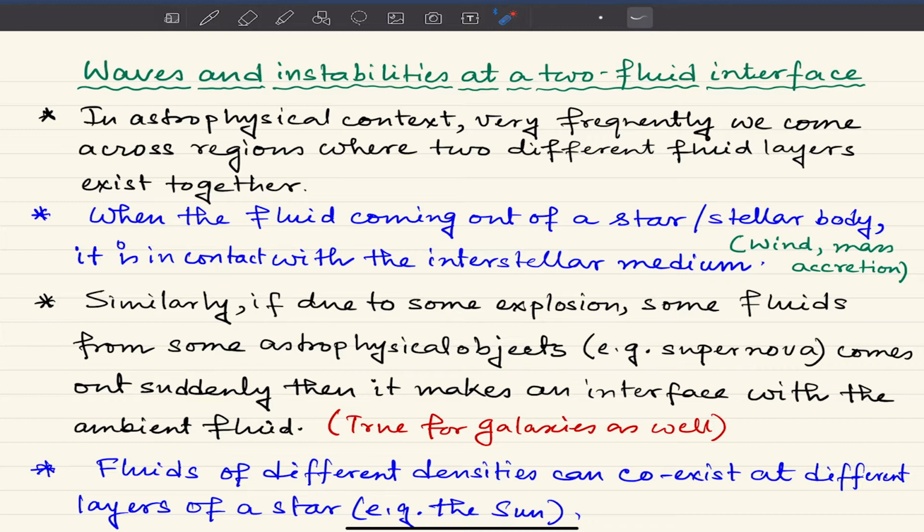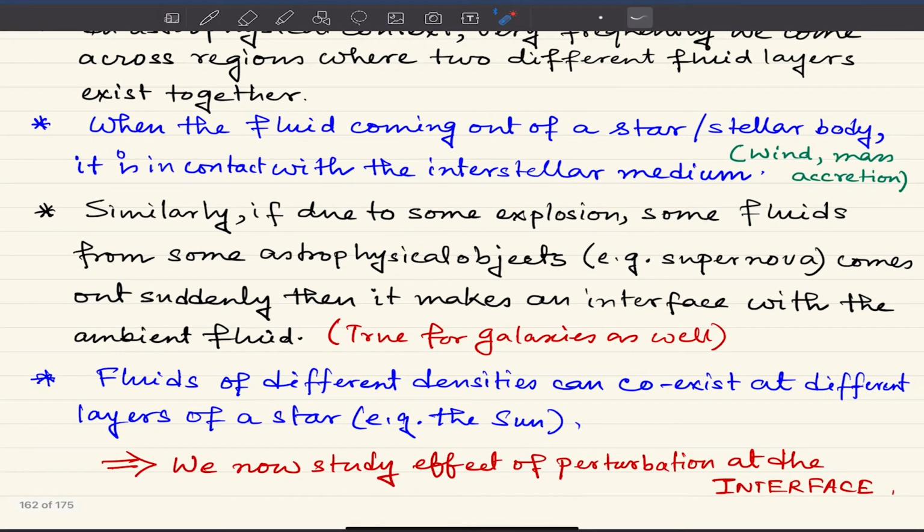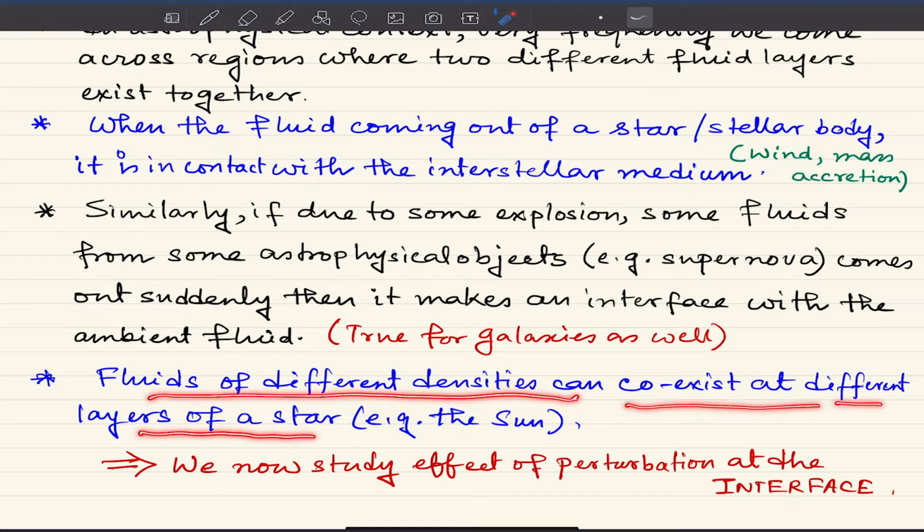That is also true for galaxies. If some fluid is ejected from a galaxy due to some instability or explosion, some mass eruption, then this fluid will also make an interface with the intergalactic medium. Now, fluids of different densities can coexist at different layers of a star as well.